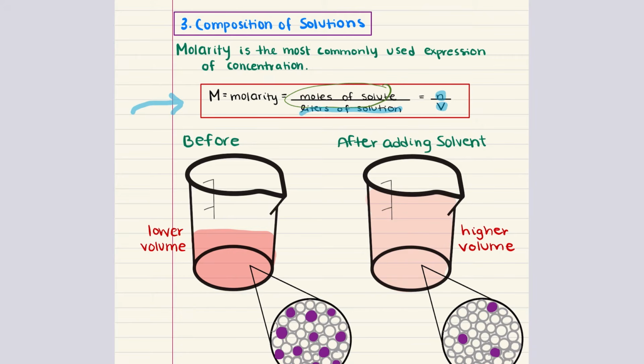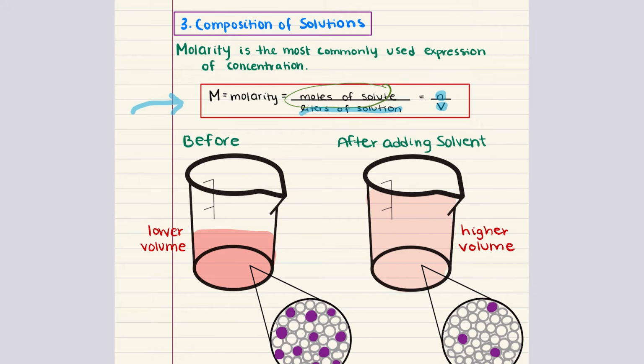Well, dilution is a very important process in chemistry, especially when you're preparing solutions for experimental procedures. What it involves is adding a solvent, usually water, to a concentrated solution to decrease its concentration.